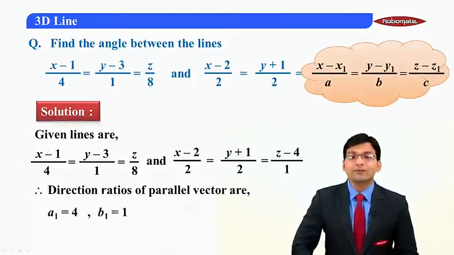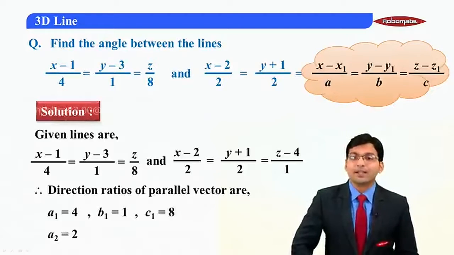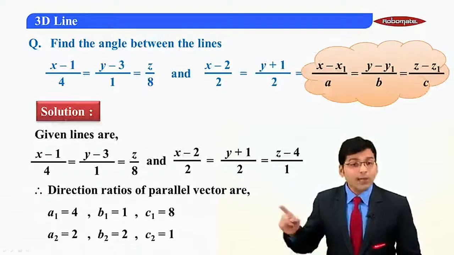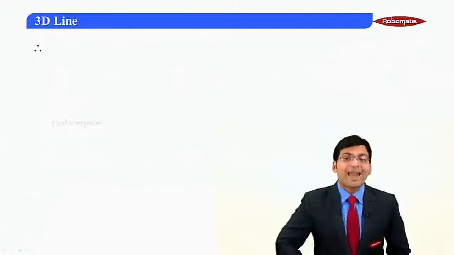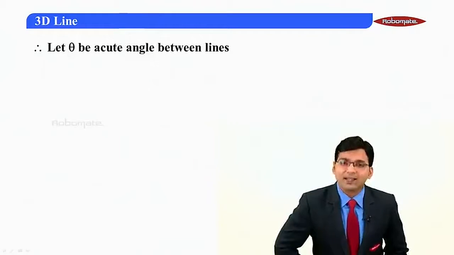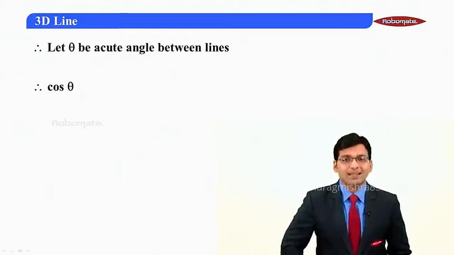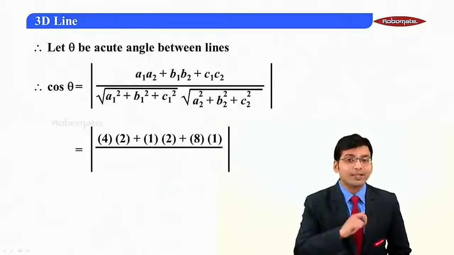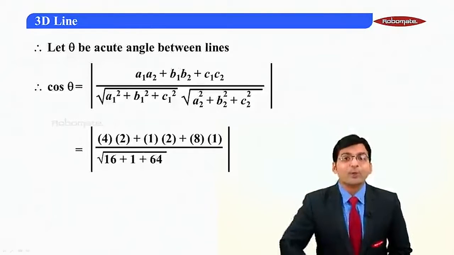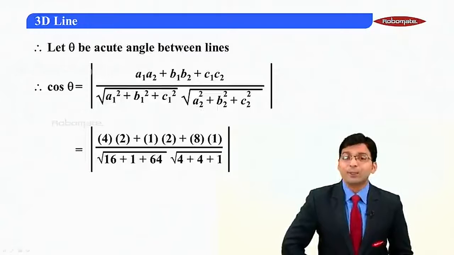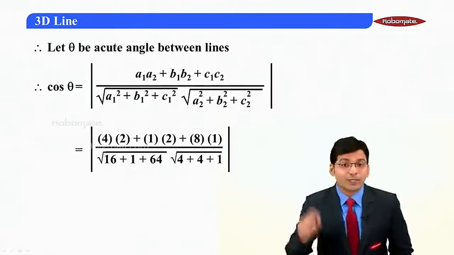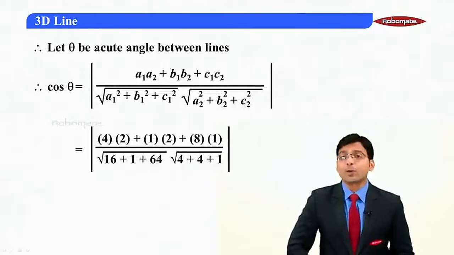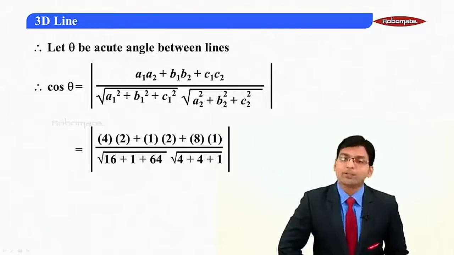That is a1 = 4, b1 = 1, c1 = 8, a2 = 2, b2 = 2 and c2 = 1. Now once we have these values, we assume the angle between the lines as theta, and we know cos theta is the modulus of (a1 a2 + b1 b2 + c1 c2) divided by root of (a1² + b1² + c1²) into root of (a2² + b2² + c2²). That becomes 4 into 2 plus 1 into 2 plus 8 into 1 in the numerator, and the denominator becomes root of 16 + 1 + 64 into root of 4 + 4 + 1.